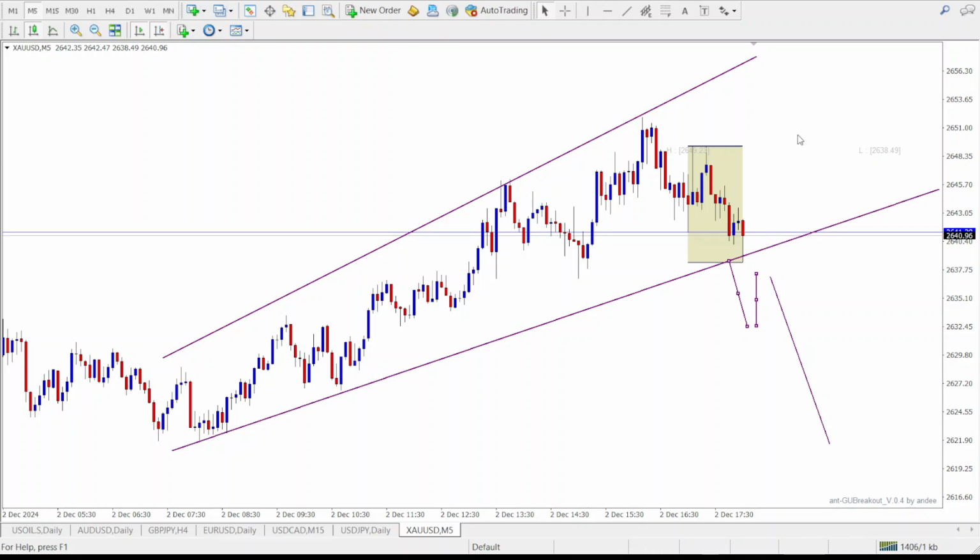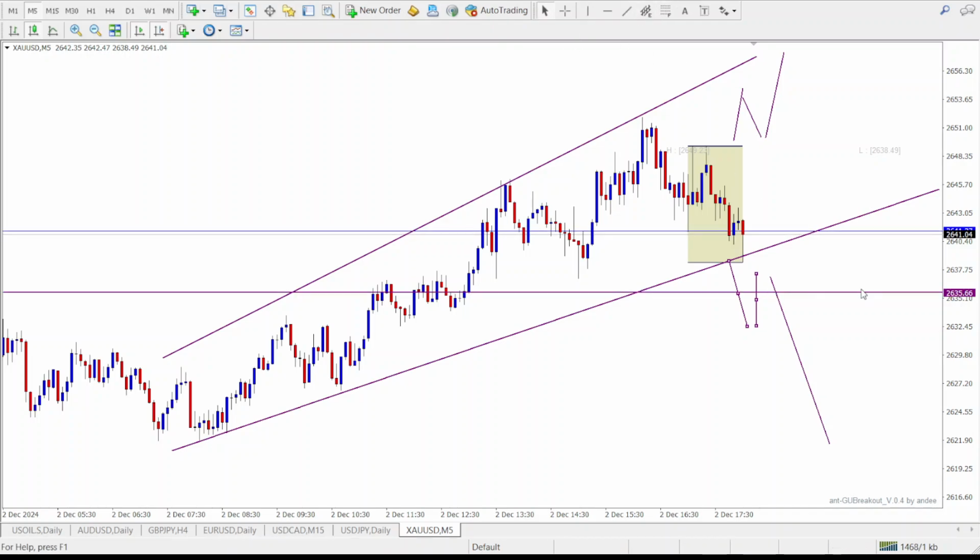On the other hand, if we have a bullish breakout, you should wait for the price to give a retest and then continue to the upside. Whenever the continuation happens, it is at that point that you should enter a sell trade, because the confirmation is seen in the retest.